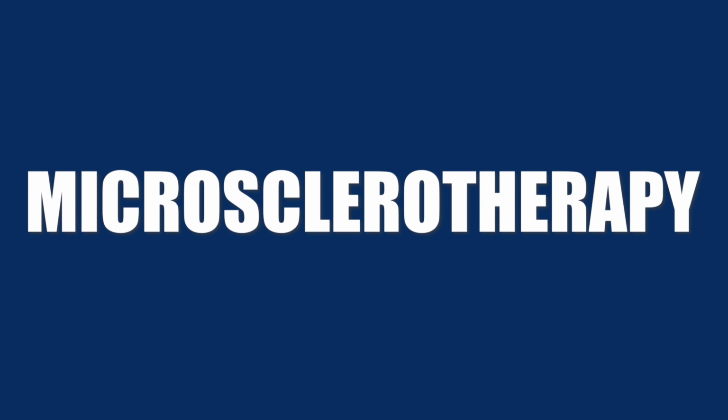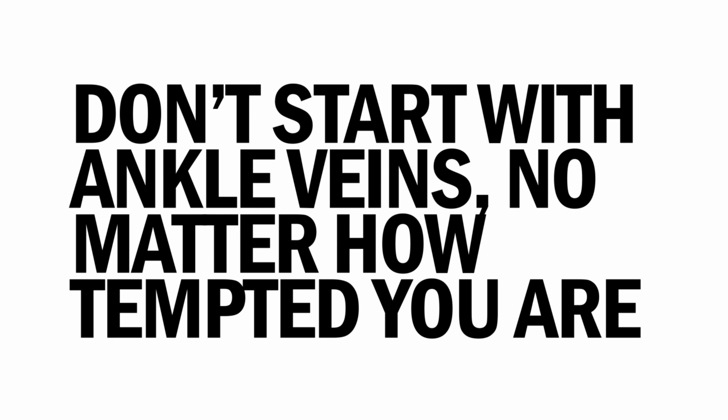Nevertheless, there is a learning phase to microsclerotherapy injections, and not all of your attempts at injection will be successful when you first start off. So if you've only just started injecting leg spider veins by microsclerotherapy, I strongly advise that you don't start with ankle veins, no matter how tempted you are. Why? What's so special about the ankle area?